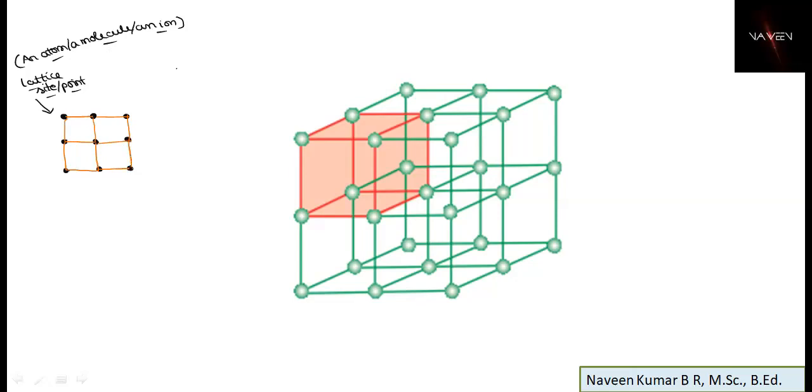Assume I am joining these by straight lines. Like this, if we keep on extending to get the possible arrangement, we are going to see in the process how a crystal may be built. Hope you are getting the information, how it will be.